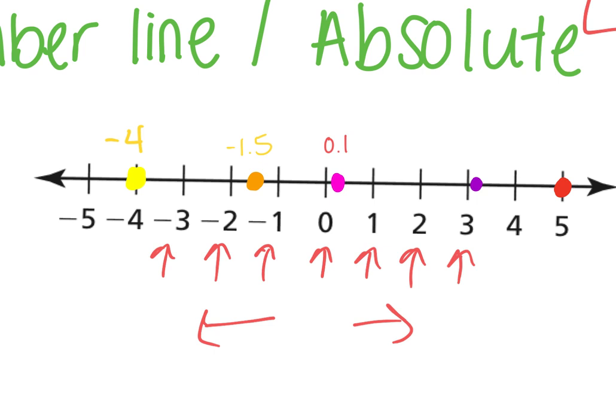Now, let's go ahead and take those two as well, and let's write them as fractions. So, for example, -1 is right here, but we're going past -1 about half a unit, so -1.5, okay?